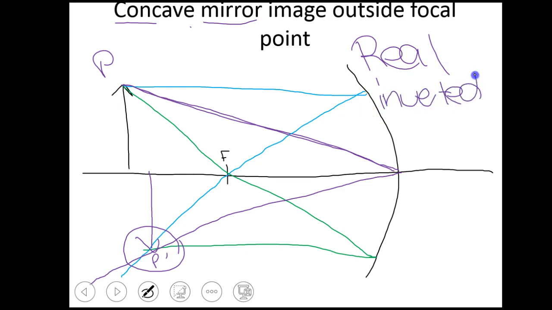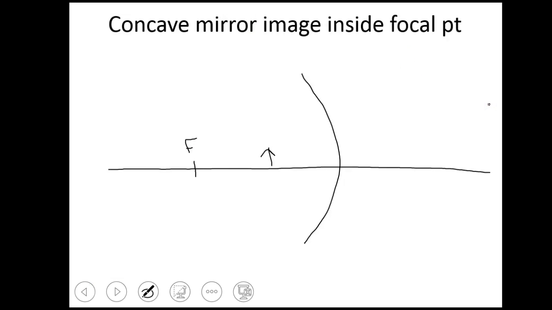or upside down. Alright, moving on to our other option for a concave mirror, which is where our object is inside of the focal point. And so again, with my favorite ray, hopefully I don't botch it too bad, incoming and outgoing gets reflected.